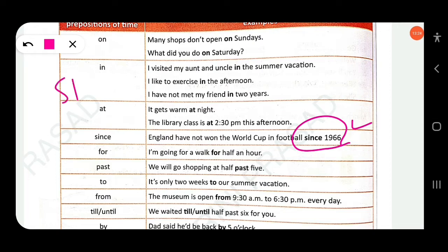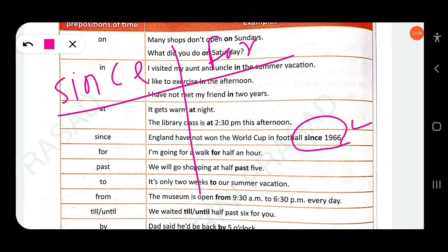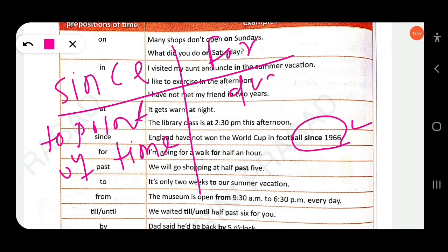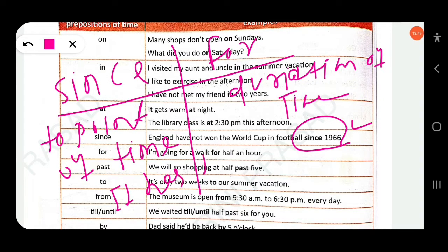Do you know the difference between since and for? Since is used to indicate a point of time, but for is used for duration of time. Suppose we take an example: it has been raining since morning.